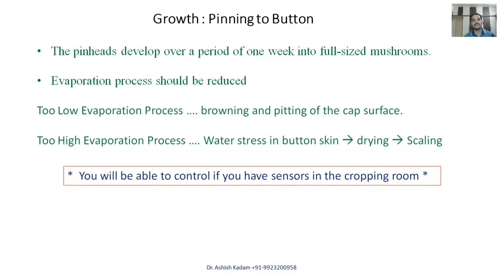Again, this is judgment, and you will have that judgment only if you are controlling it, and controlling is only possible if you have that level of design in place in your growing room. Again, I am saying that we need the right quality of sensors, and the right quality of systems controlling these sensors and the air handling unit, and then you can experiment with this, and accordingly set your farm at the right set points, and then you can get better production.